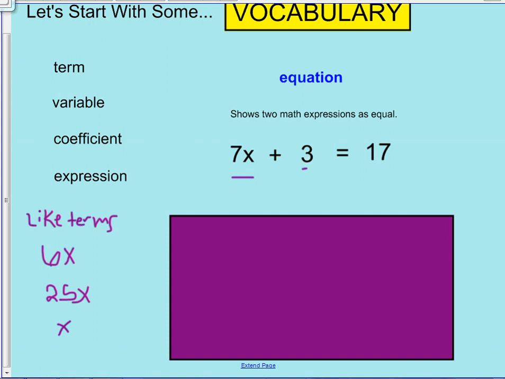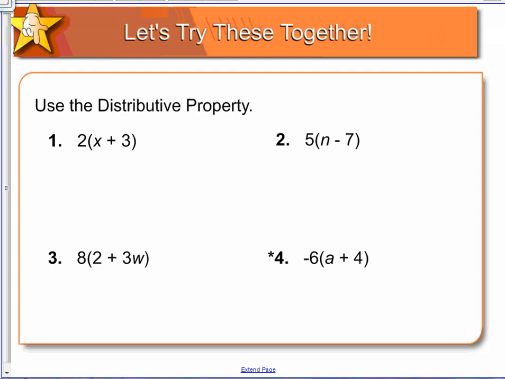All right? So, going back to the distributive property, we can do a couple practice problems. So in this case, we have 2 times the quantity x plus 3. So I can do 2 times x and then 2 times 3. So I would have 2x plus 6.